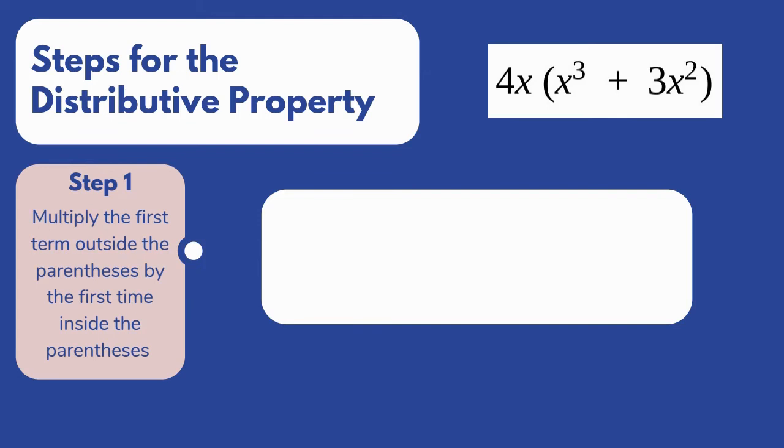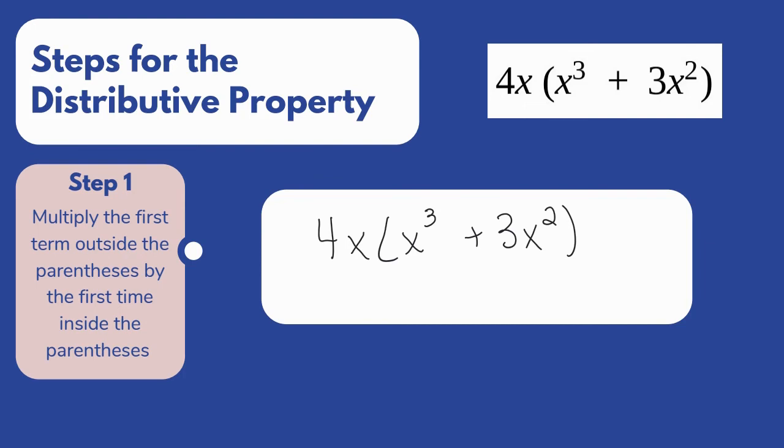Let's try multiplying one more time, but this time using the distributive property. So step 1 of the distributive property says that we will multiply the first term outside of the parentheses by the first term inside of the parentheses. So I'll rewrite my problem one more time. 4x times x to the third power plus 3x to the second power.